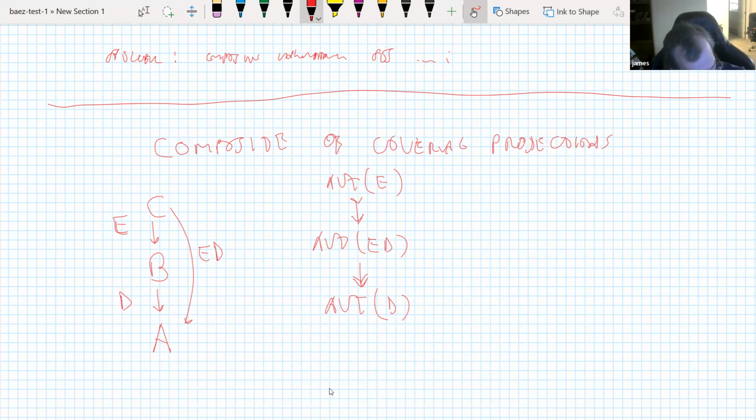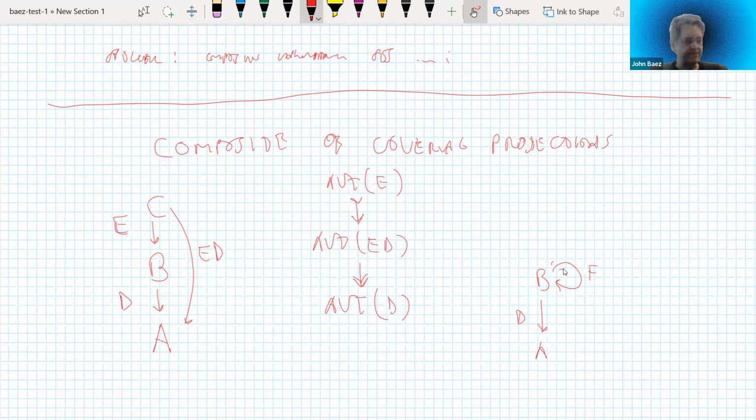That means if you have, let me draw a picture of an automorphism of D. D is this covering projection from B to A, and an automorphism is like an invertible map there that has the appropriate property.